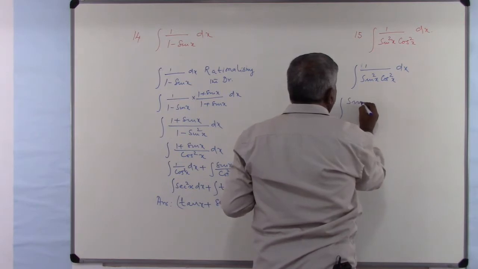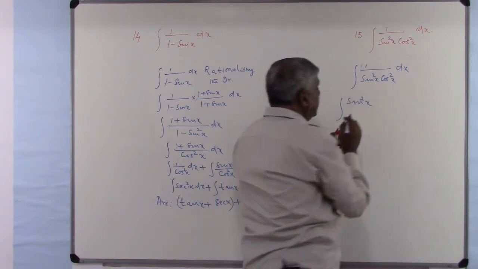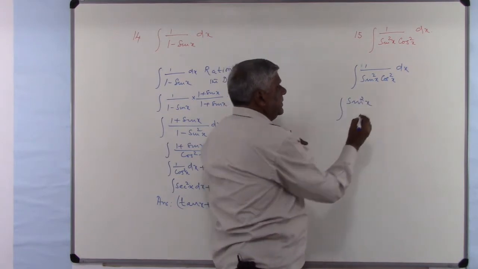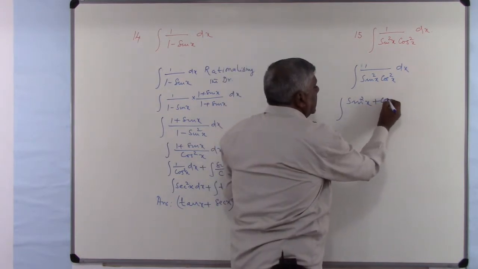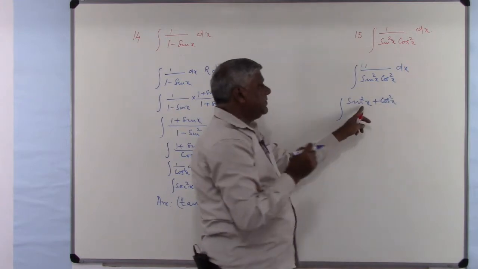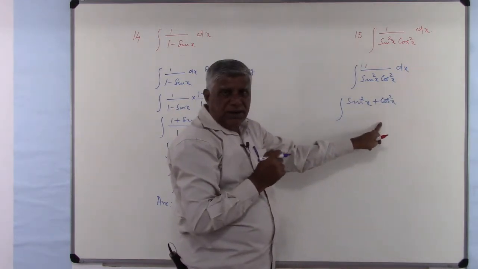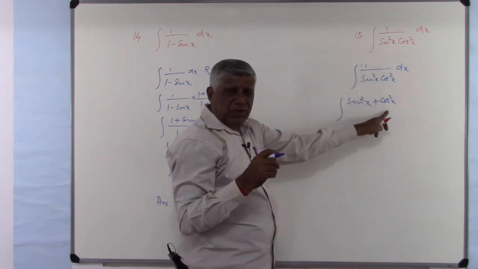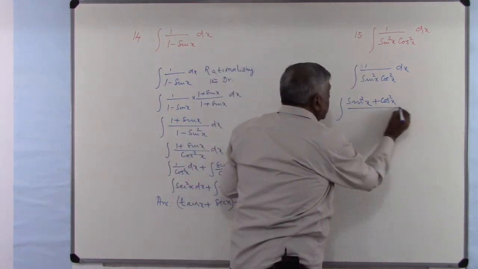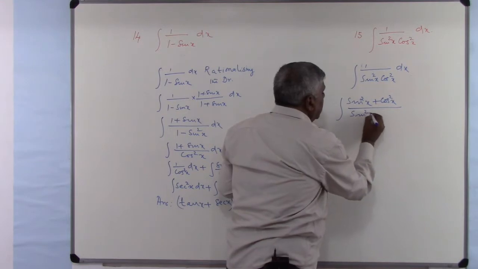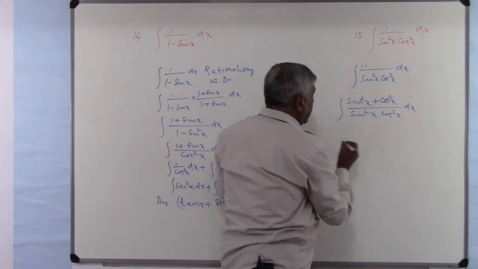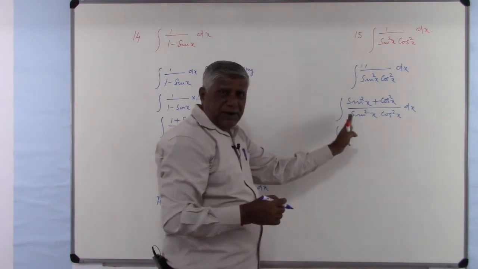Instead of 1, I will write sin square x plus cos square x. What is sin square theta plus cos square theta? It is equal to 1. Therefore, I have replaced 1 by sin square x plus cos square x divided by sin square x cos square x dx. Now, integral, we will separate now.